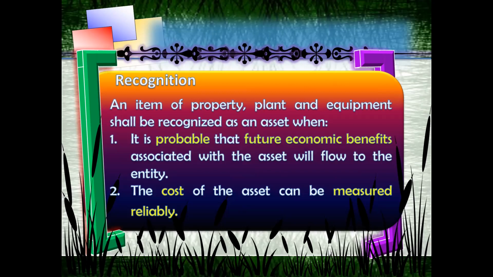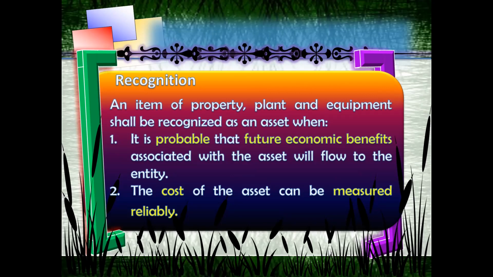And then pangalawa, the cost of the asset can be measured reliably. So if you can still recall, these are actually the basic recognition criteria for us to record or recognize na assets in our books.